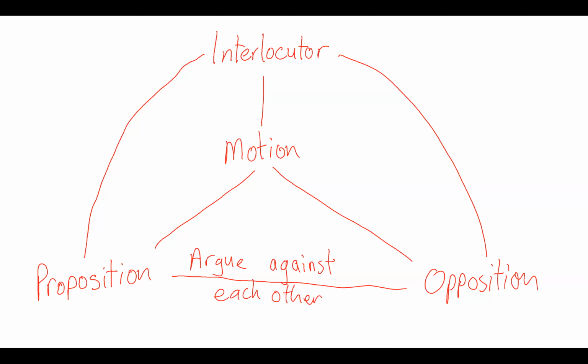Very good. Now, next up, Tony, can you figure out any of the other relationships in this picture? The proposition and the opposition argue about the motion. Very good. So pick one of them.